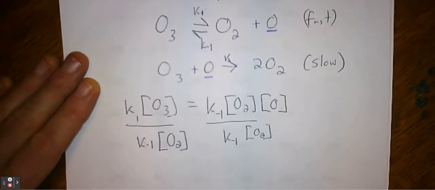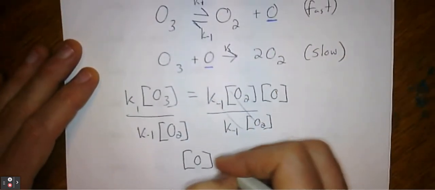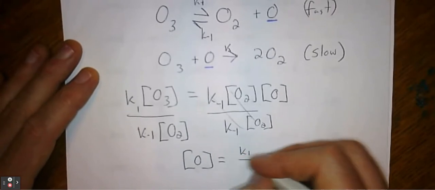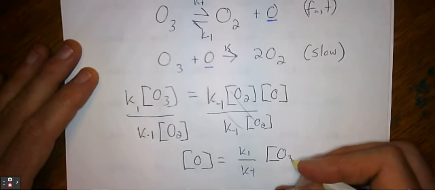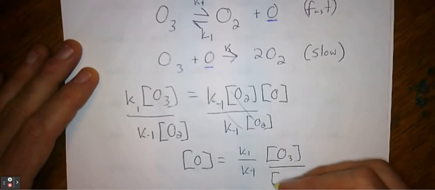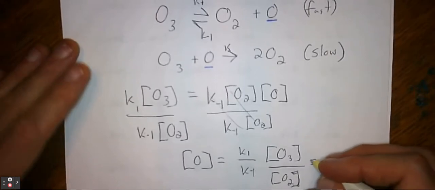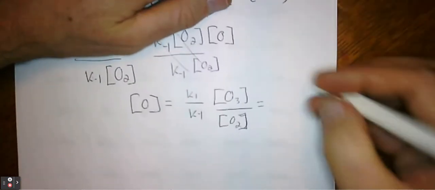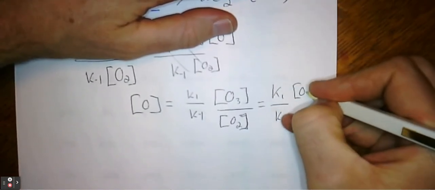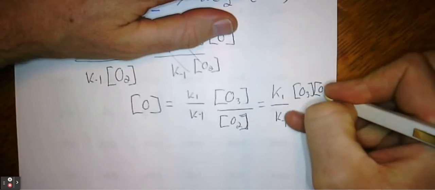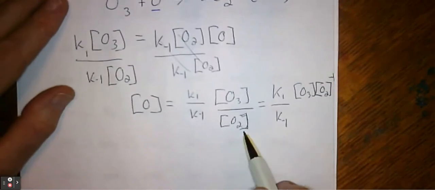These would cancel, and I'm going to get the concentration of O equal to K1 over K inverse times the concentration of O3 divided by the concentration of O2. Another way to write this is K1, K inverse, concentration of O3, concentration of O2 to the negative 1.